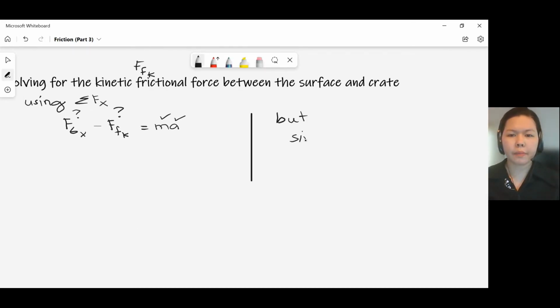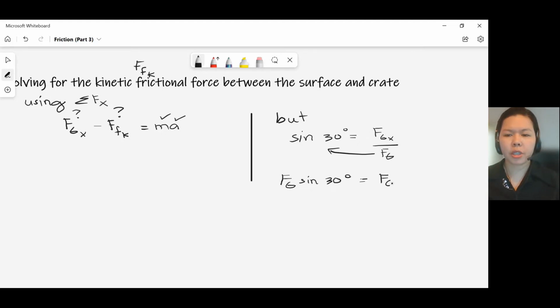Transposing this, cross multiply. So Fg sine 30 degrees is equal to Fgx.